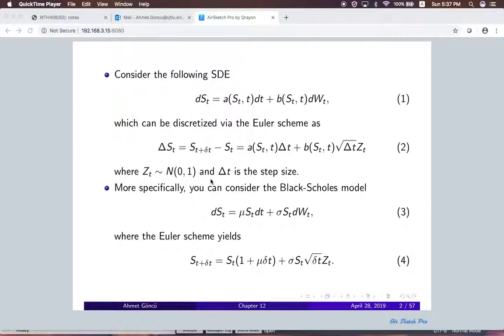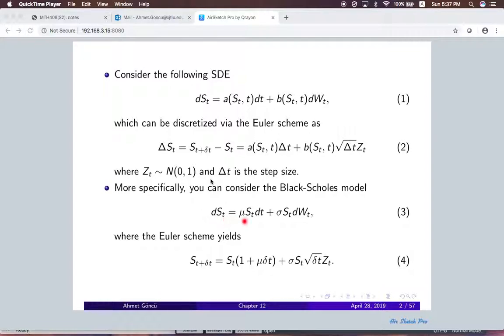And more specifically, within the Black-Scholes model, we have the following equation. In this stochastic differential equation, we can note that the drift term mu is constant, and also the volatility term, sigma, is assumed to be constant in the Black-Scholes model.